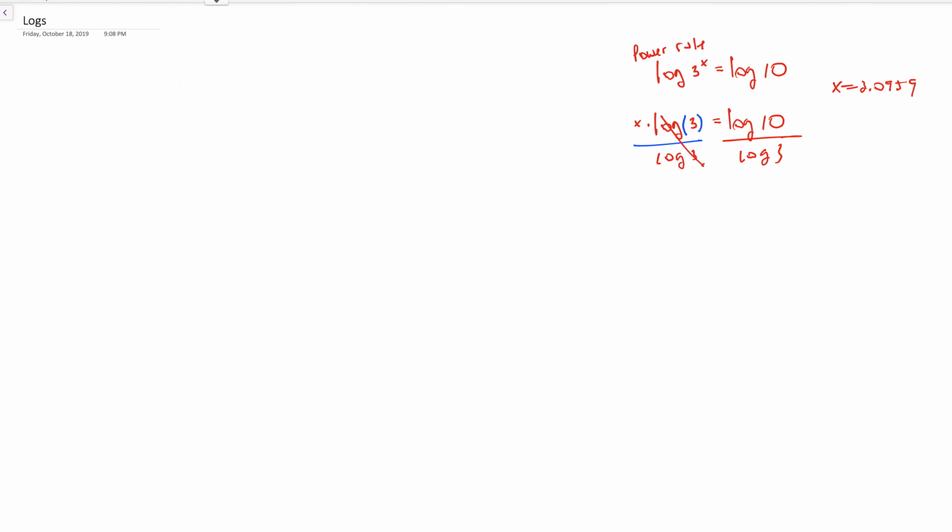Let's say you have 3 to the power of 2 equals 9. This 2 right here is called an exponent. And that 3, million bucks if you know what that's called. Please don't know it.